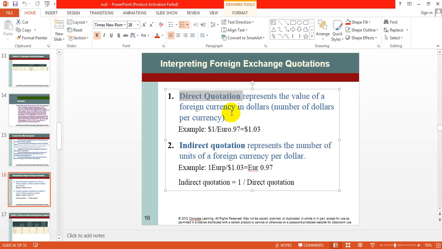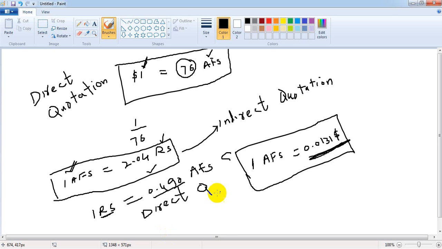Here the dollar is the local currency and the euro is foreign currency. So see, $1 divided by 0.97 euros is equal to 1.03, meaning 1 unit of foreign currency, 1 euro, is equal to 1.03 dollars.